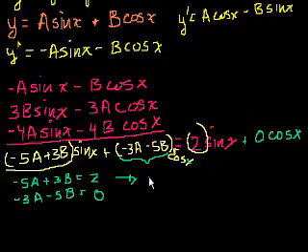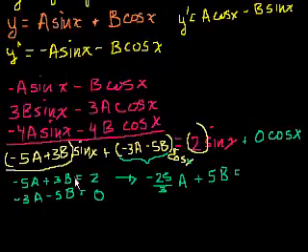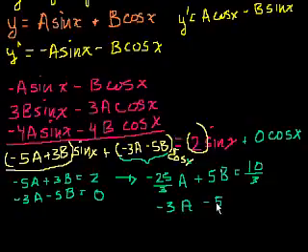I get minus 25 over 3a plus 5b is equal to 5/3 times this. 5/3 times 2 is 10/3. And the bottom equation is I have minus 3a minus 5b is equal to 0.